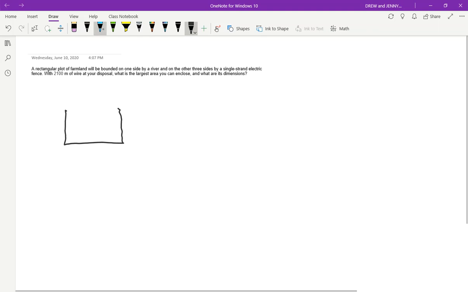And then one of the sides is bound by a river. So we've got a river running here. Okay, so only the sides that are in black will actually be pieces of the fence. So the longer side we normally call the length, and the shorter side we normally call the width.